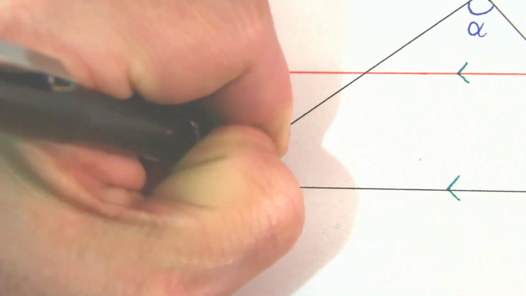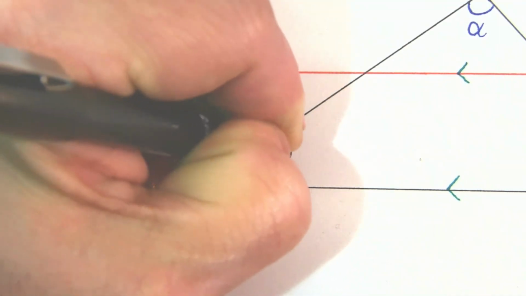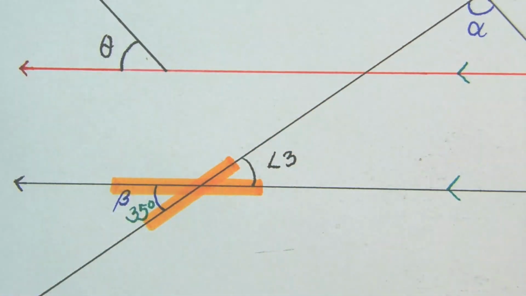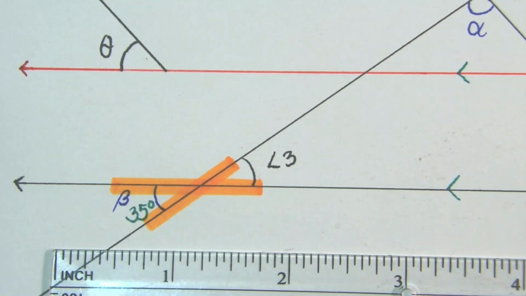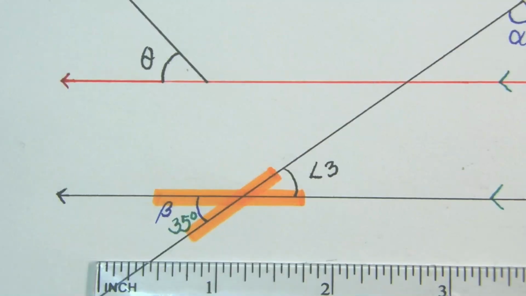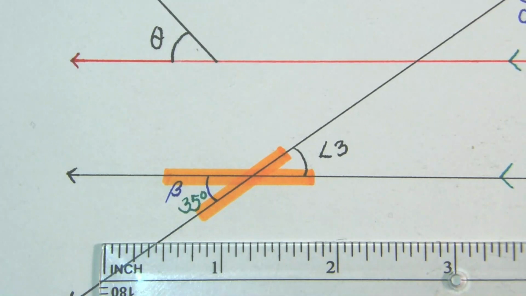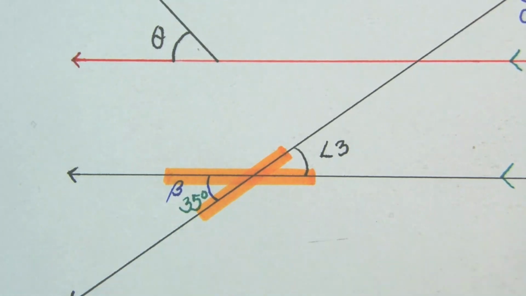So I'm just going to call it angle 3. Okay. And we have to establish exactly what the directions are telling us to do in these problems. And they're telling us to certainly solve them, but that's only half of it. The other half is to defend what we're doing.